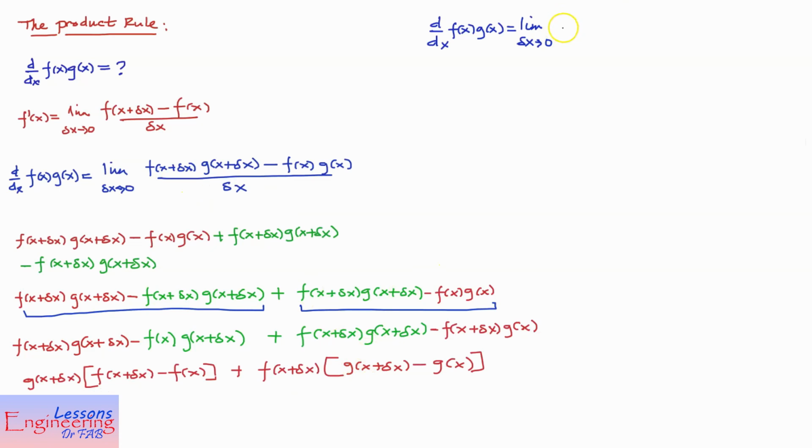So that will be g of x plus sigma x, okay, times f of x plus sigma x minus f of x, all right, plus the limit as sigma x approaches 0 of f of x plus sigma x times g of x plus sigma x minus g of x.